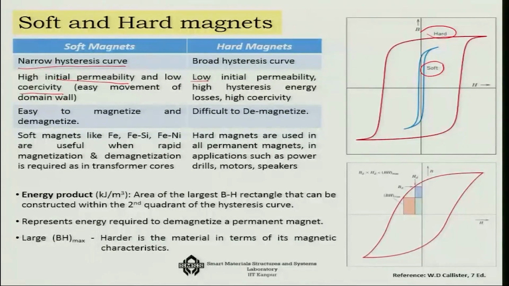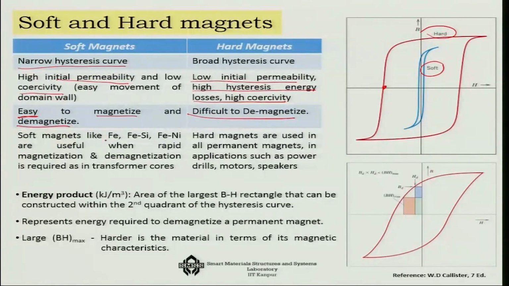Hard magnets have low initial permeability, high hysteresis energy losses, and high coercivity also. Soft magnets are easy to magnetize and demagnetize, but hard magnets are difficult to demagnetize.